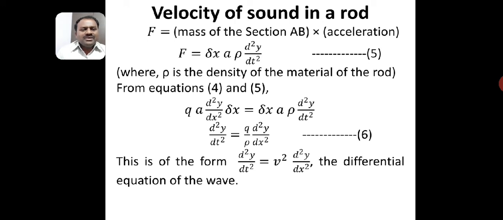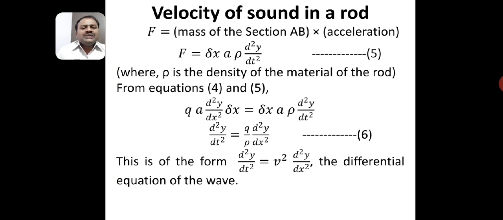The volume of the section is A into delta x, where delta x is the length and A is the area of cross section, and rho is the density of the material of the rod. So delta x A rho gives us the mass, and d square y by dt square is the acceleration. Therefore, the force is delta x A rho d square y by dt square. This is the force acting on the section of the rod between A and B, and we have also written the force in the previous equation, equation number 4.